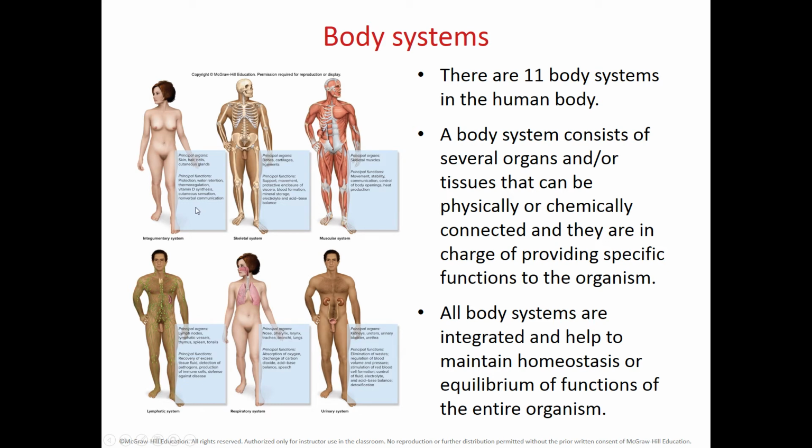So we can tell if someone is angry, if someone is happy, etc. So this is an example of our integumentary system and of our body systems.